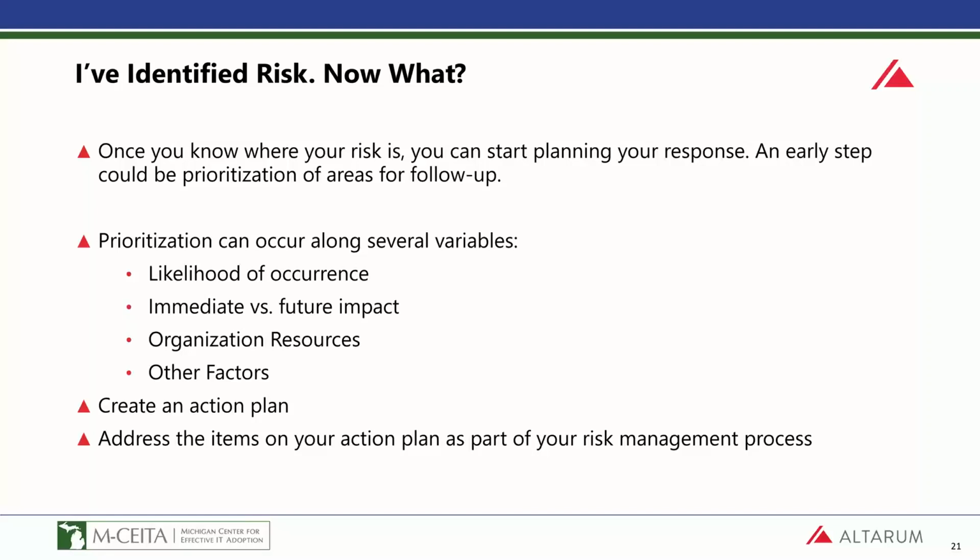You can set goals for addressing risk in a reasonable time frame and create a plan of action for each. Again, the expectation is not that risks will all be identified or addressed as they're identified, but you do want to create an action plan to address those risks in a reasonable time frame.